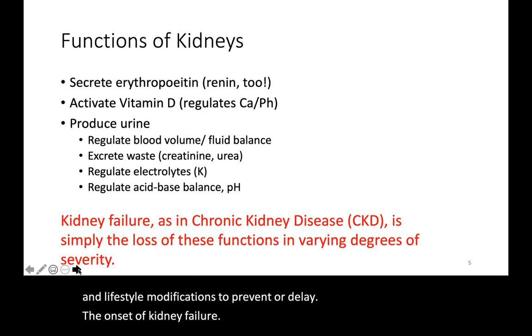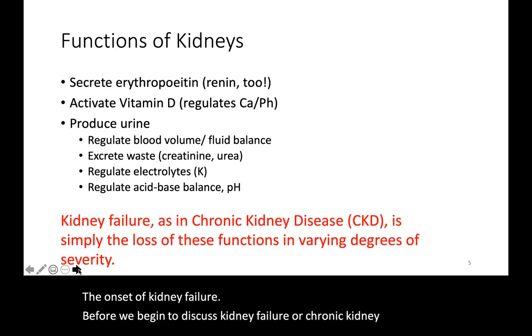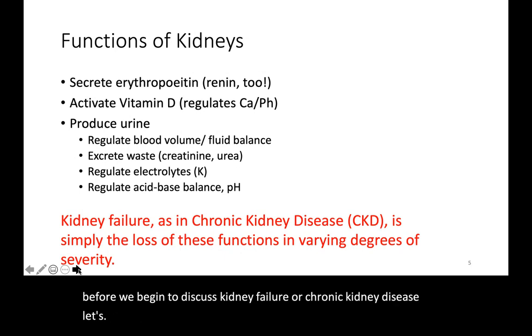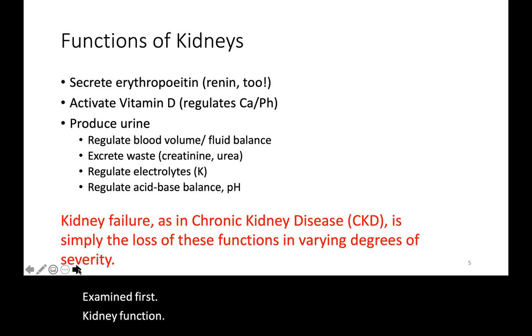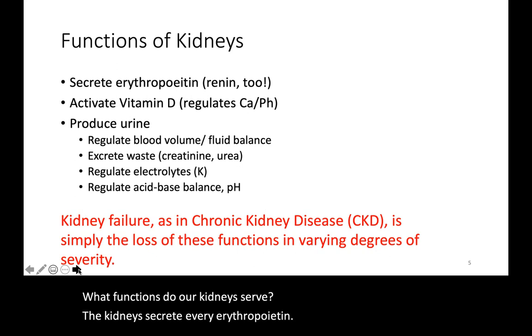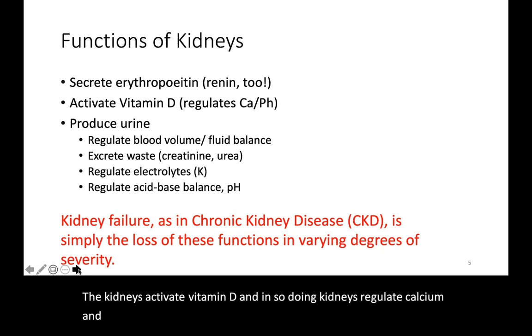Before we begin to discuss kidney failure or chronic kidney disease, let's examine first kidney function. What functions do our kidneys serve? The kidneys secrete erythropoietin. The kidneys activate vitamin D, and in so doing, kidneys regulate calcium and phosphorus concentrations in the blood.